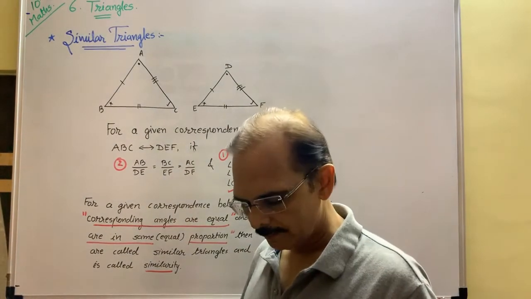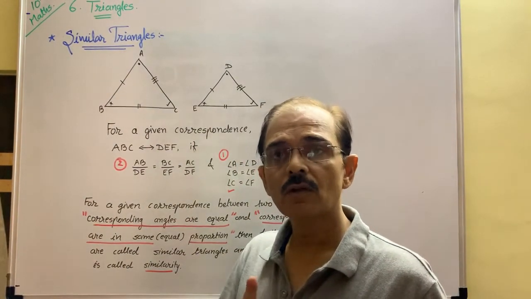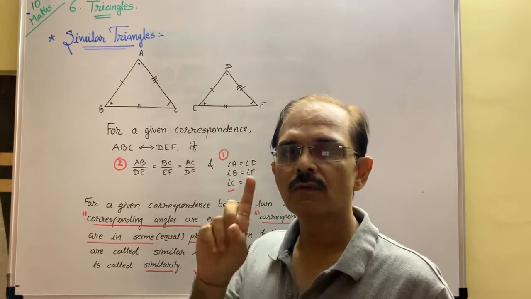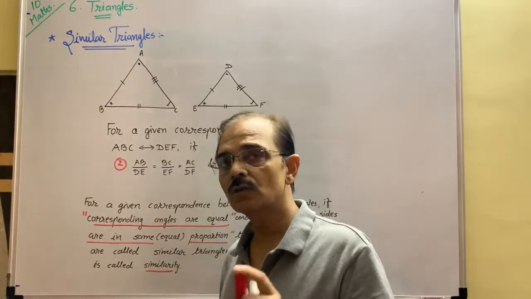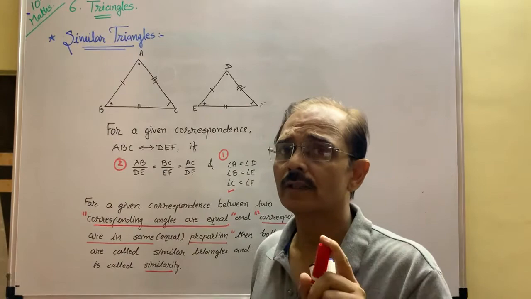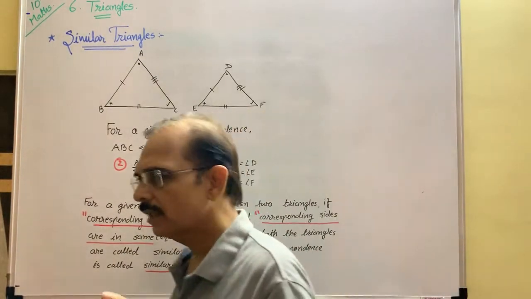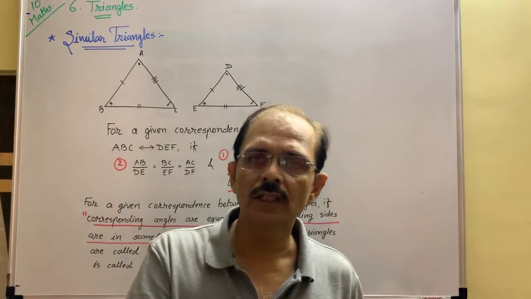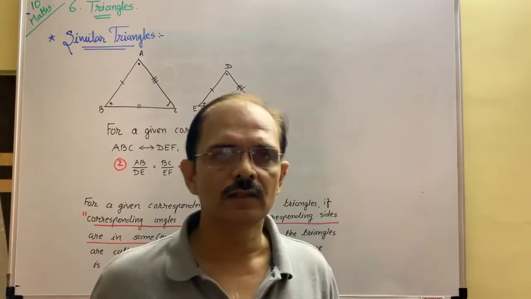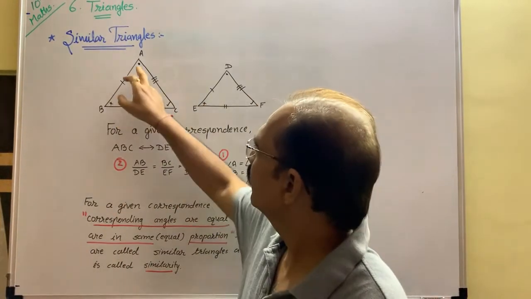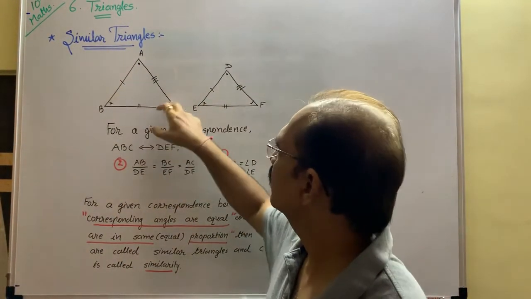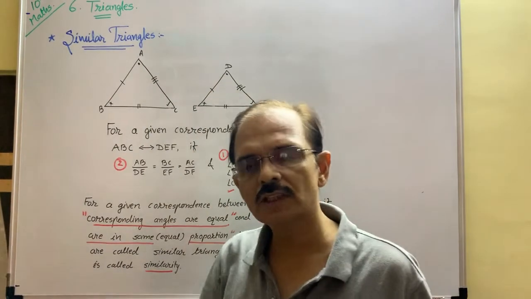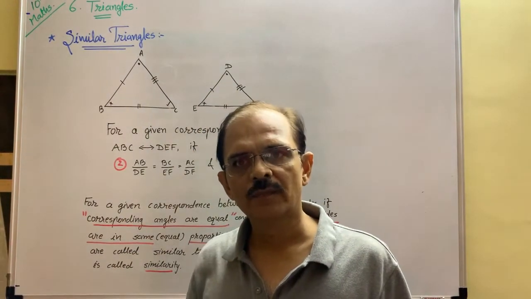Is it okay? Again, you have to remember only two conditions. The first one, corresponding angles. Don't say angles are congruent. Don't say angles are equal. You must say corresponding angles are equal. If you say angles are equal, it means A, B, C 60, 60, 60, D, E, F are also 60, 60, 60. Okay?